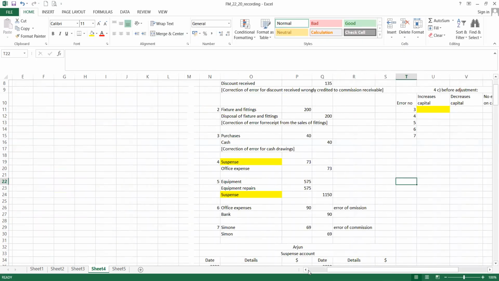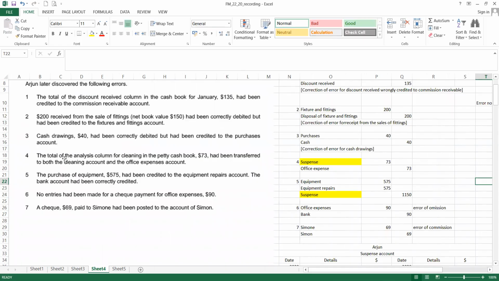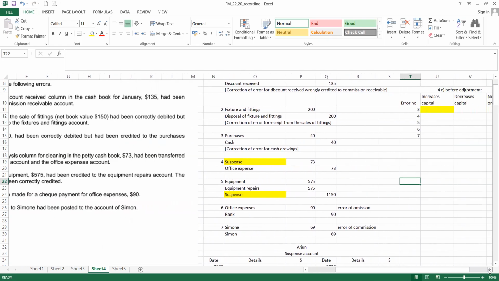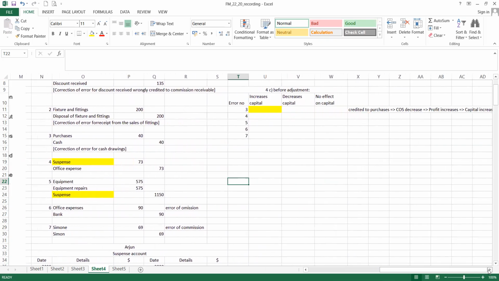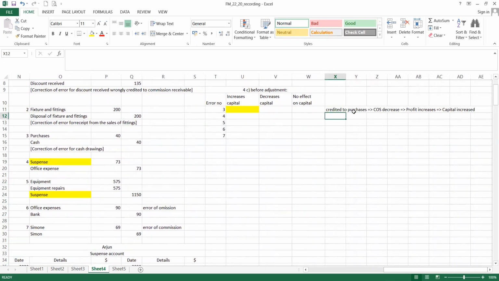Okay. Next is number 4. The total of the analysis column for cleaning in the petty cash book has been transferred to both the cleaning account and the office expenses. Office expenses is an expenses account, which is expenses overstated. So office expenses increase.